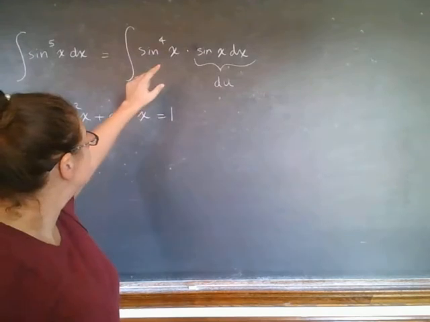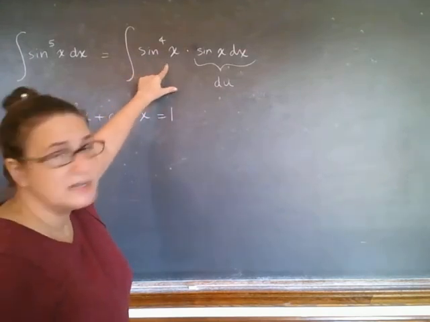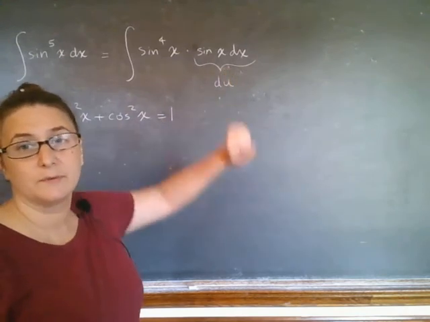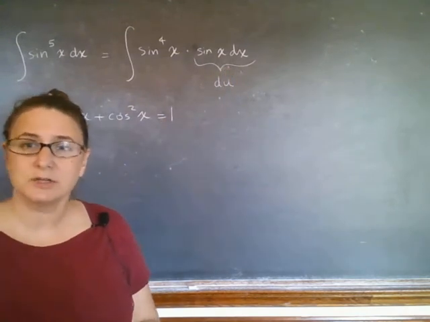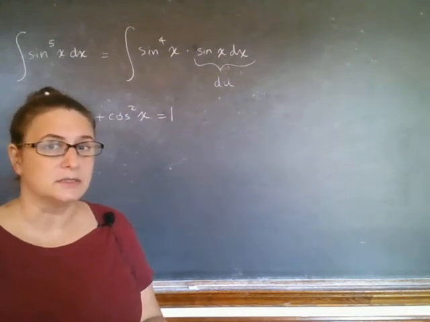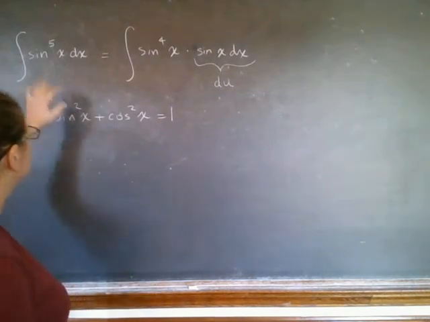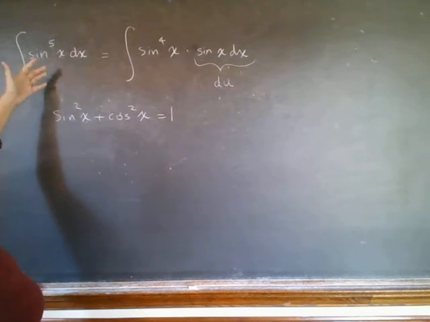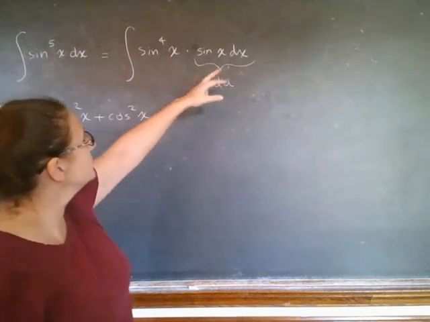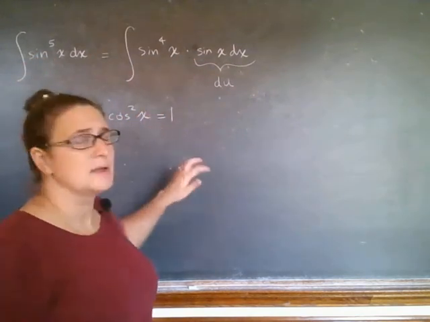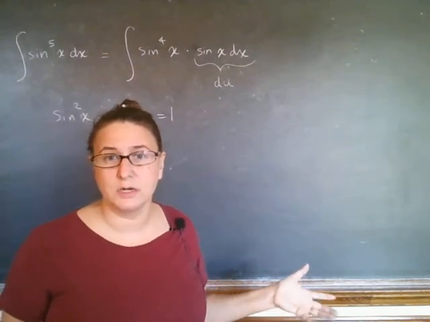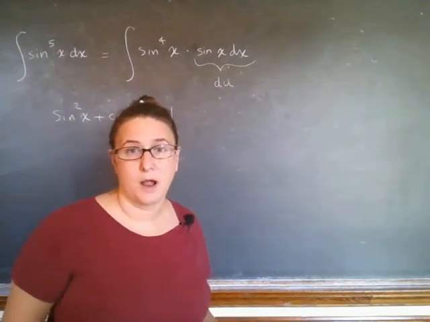And I want to change all my sines to cosines except for one, which is going to be used for my du. So that's the strategy. It's not just that we're going to make u equal sine x, because that didn't work out, right? We were stuck. But by moving it around a little bit, using some identities, we can transform it into something where we can still make a u substitution, and then we can solve the problem.